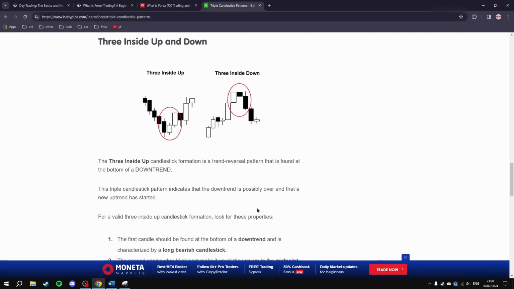The three inside up candlestick formation is a trend reversal pattern that is found at the bottom of a downtrend.